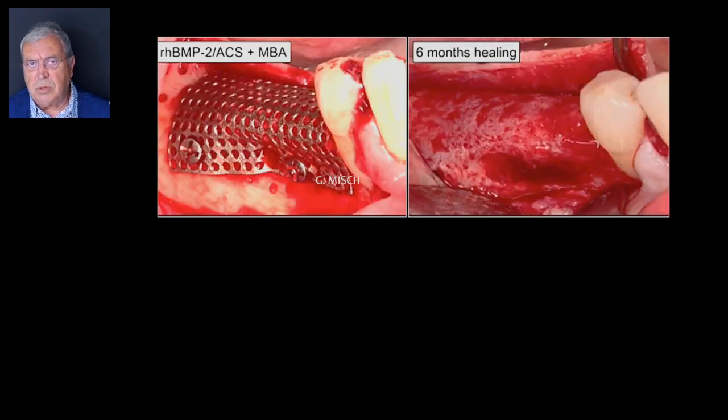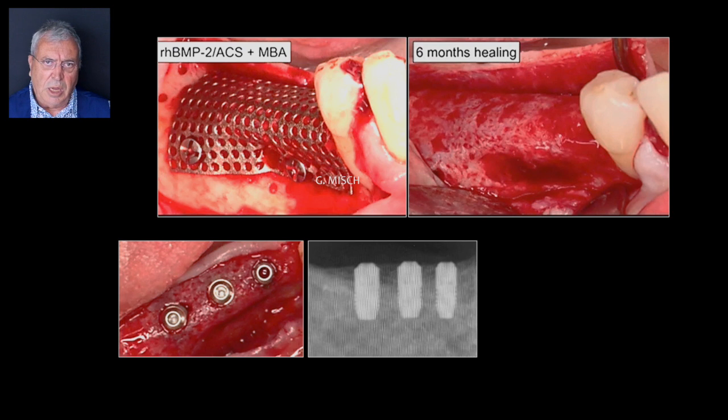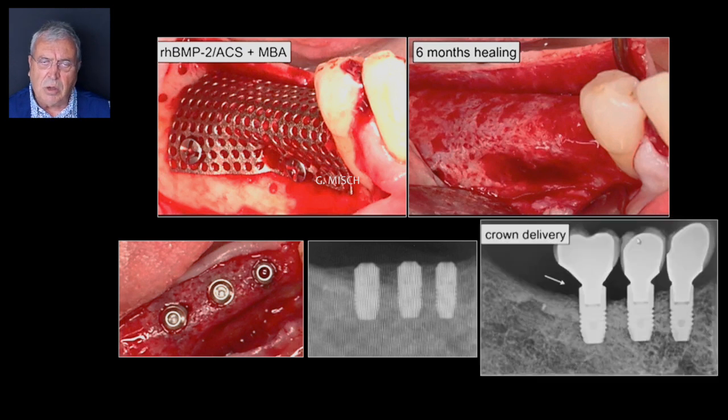Even if you use BMP, we forgot this concept. Even if you use BMP, you can meet a dense bone. It will not give you the stability, because when you press a dense bone, you kill this bone.